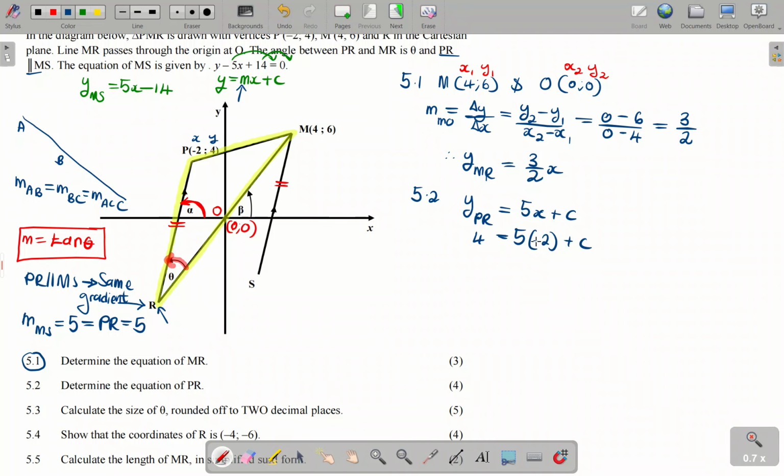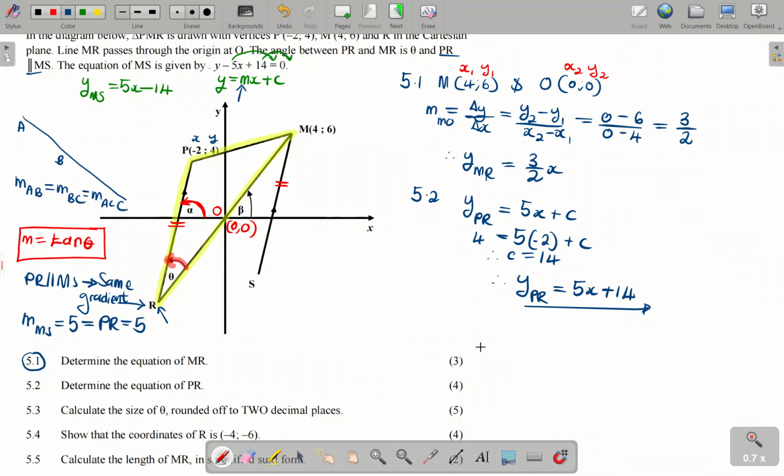You take -10 to the left and it becomes +10, plus 4, that's going to give you 14. So therefore c is simply 14 there. So the equation of PR is just going to be y = 5x + 14.